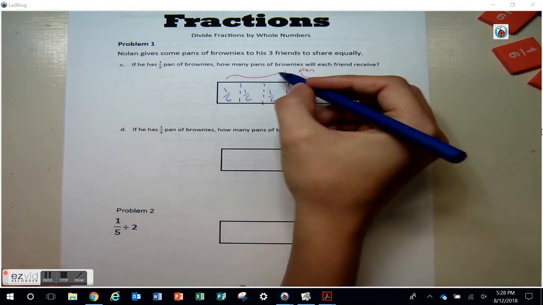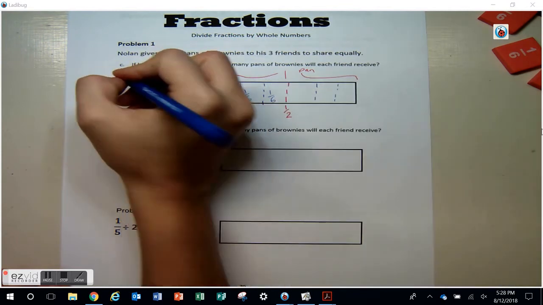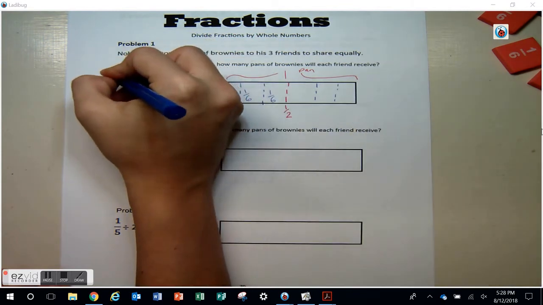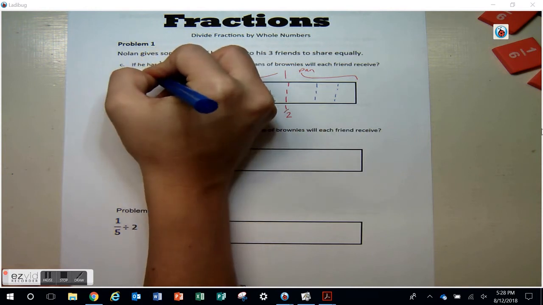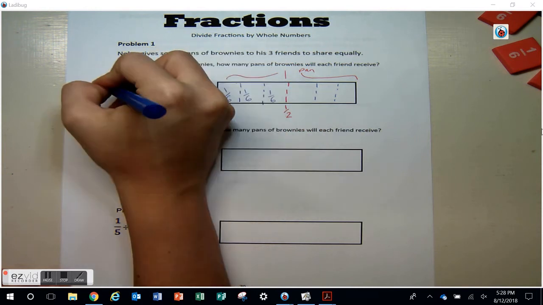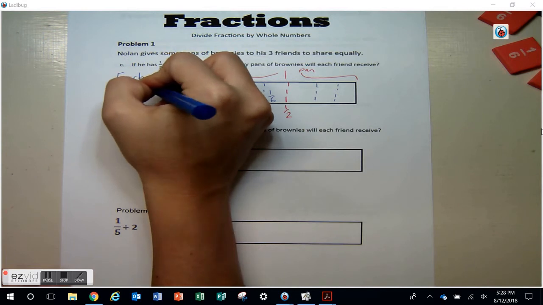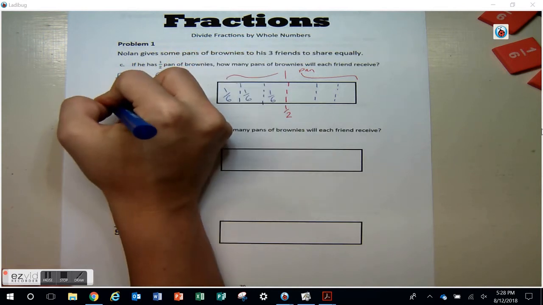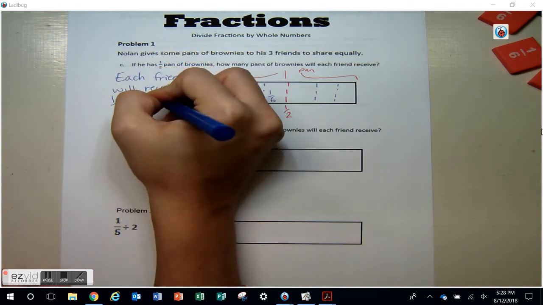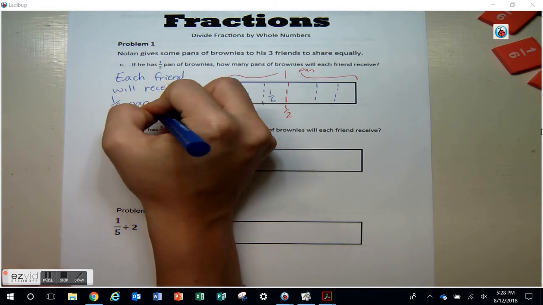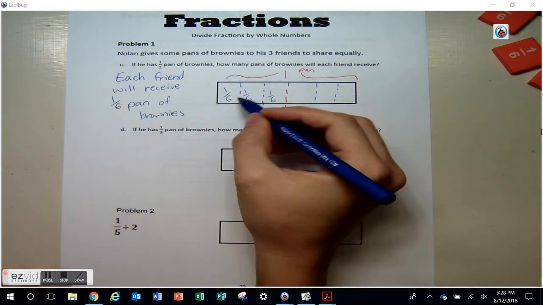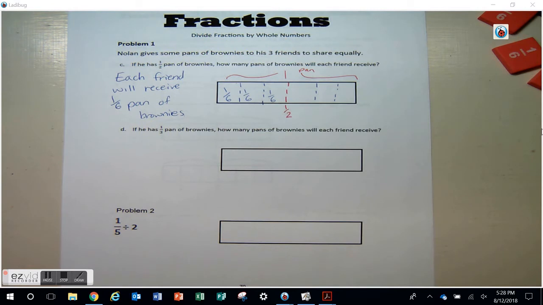So, how many pans of brownies will each friend receive? Each friend will receive 1/6 pan of brownies. Again, we relate it back to the whole thing.